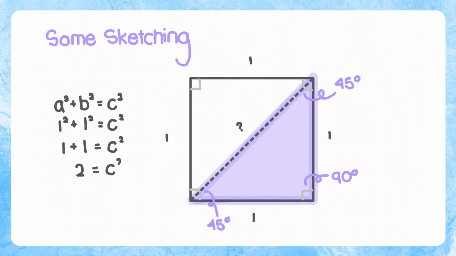I get 2 equals c squared, take the square root of both sides, and c is the square root of 2. So c equals radical 2, so the hypotenuse length is radical 2. I was able to create a 45-45-90 triangle and find its side lengths.